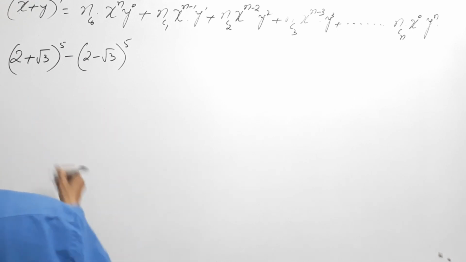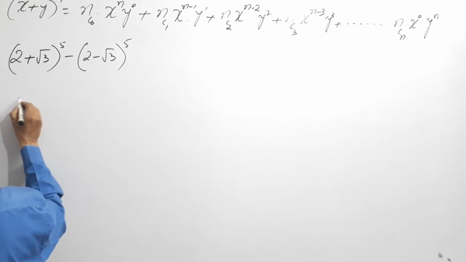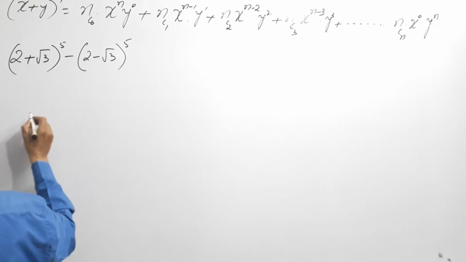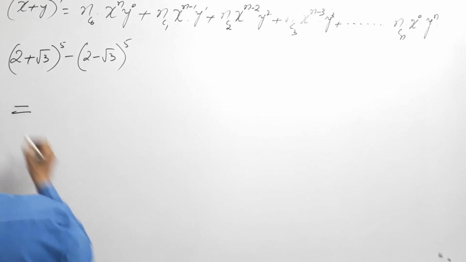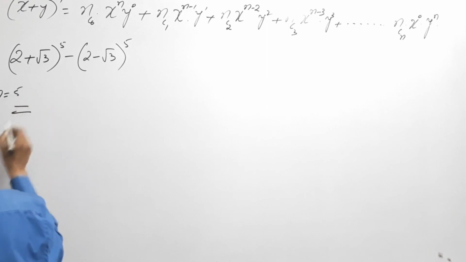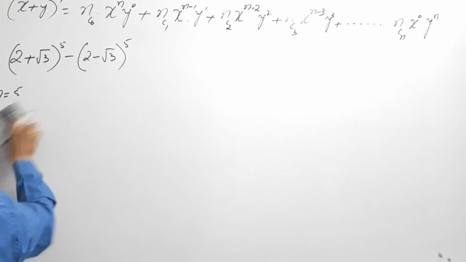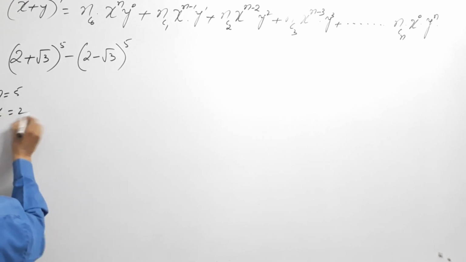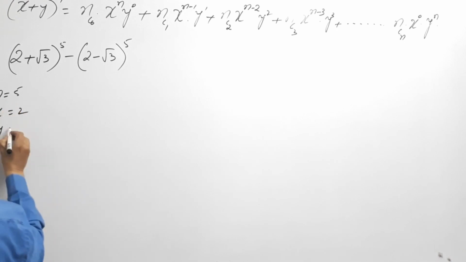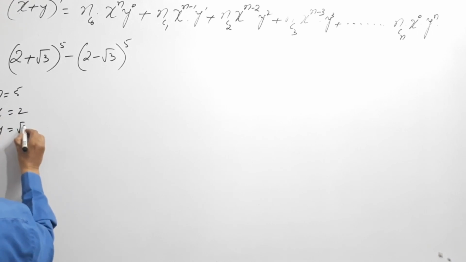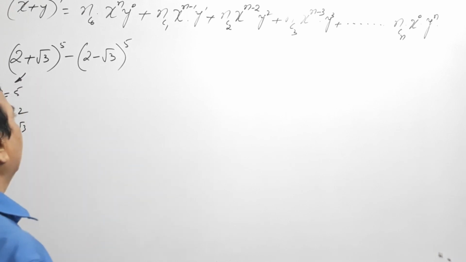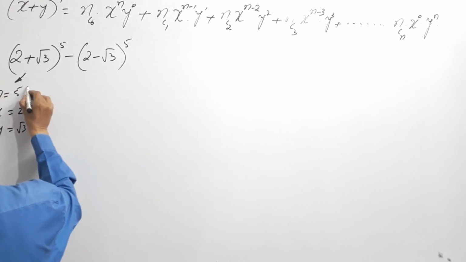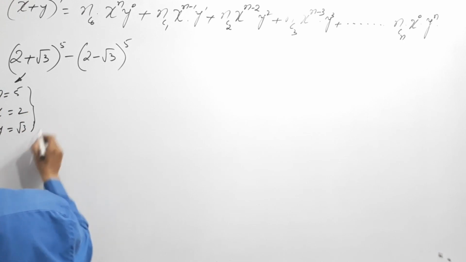So what I will do first, I will say this is equals to, what I will do here, n is 5, x equals 2 and y equals root 3 in this case. So in this case it is this value. So what happens, I will do like this.